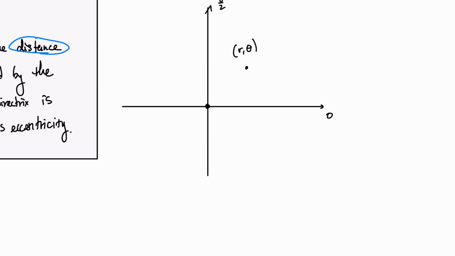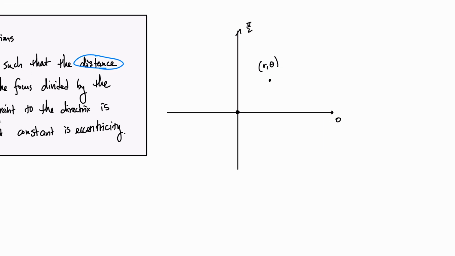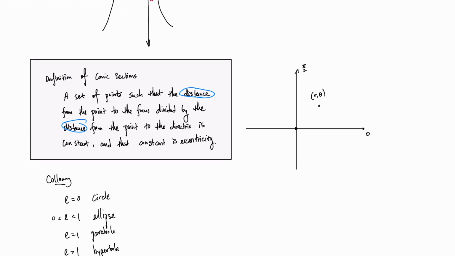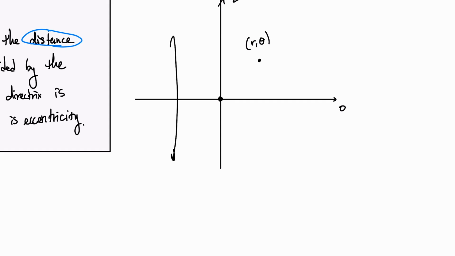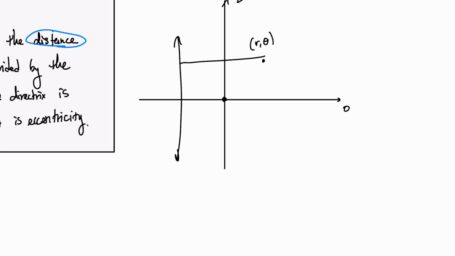Let's label that. Okay, now let's think. Where do we define the pole? We define the pole in order for us to simplify our definition a little bit, because we have to deal with distances. Distance to a directrix is relatively easy because it's either horizontal or vertical.